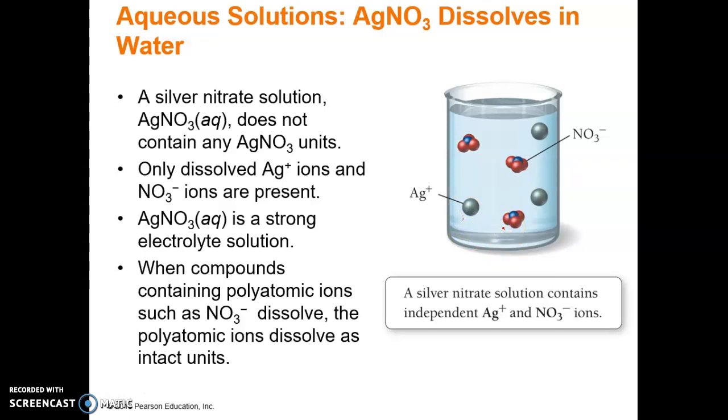Those are your nitrates. And this would make this also a strong electrolyte because we wouldn't have any AgNO3s all stuck together in here, not being able to conduct current. We're going to learn the solubility rules in a little bit, but this is also something that is considered soluble.